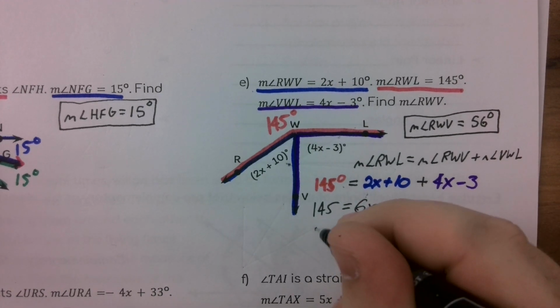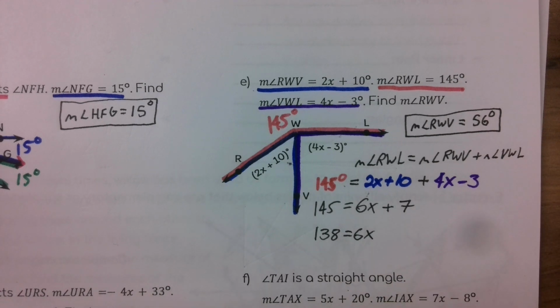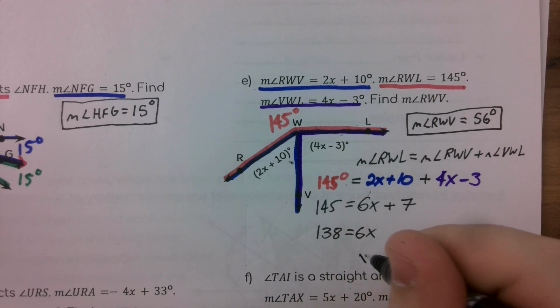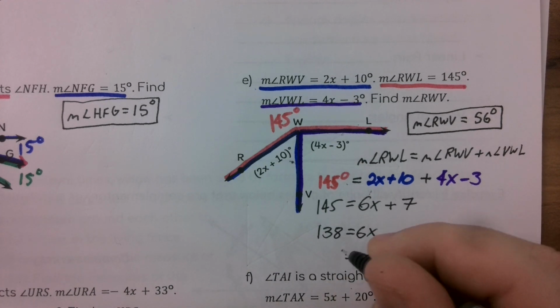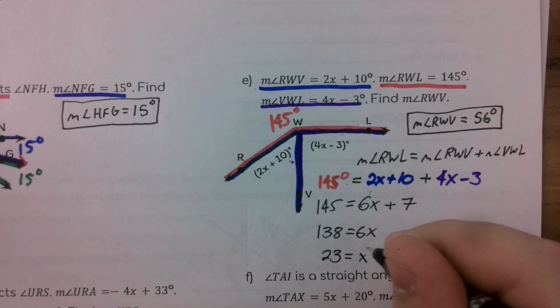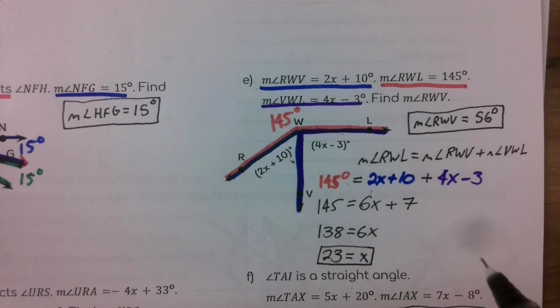We subtract 7 from both sides, giving us 138 equals 6x. Then we divide by 6 on both sides to get x equals 23, I believe. Let me just double check. Yes. But we aren't looking to solve for x. We're not done with the problem.